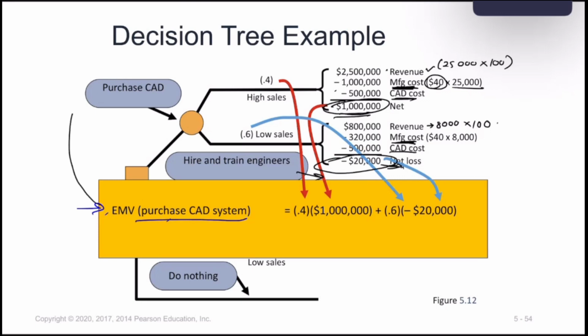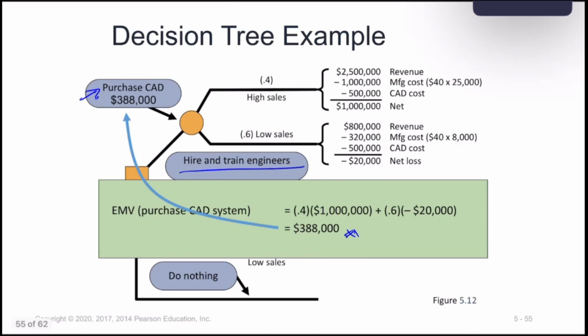You need to find the expected value, the average. How do you get the average? By multiplying the probability with the profit and then adding this one. So you get the value of 388,000 for the purchase CAD option.